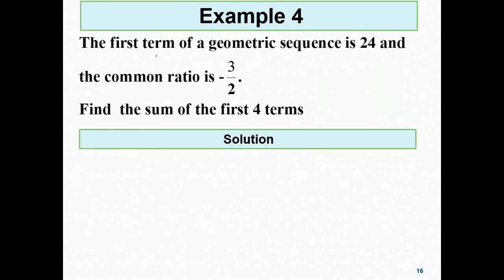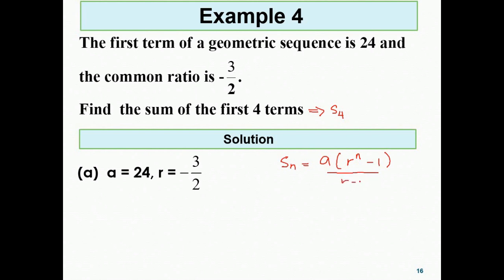Example 4. The first term of a geometric sequence is 24 and the common ratio is negative 3/2. So, given here our a and our r, find the sum of the first 4 terms. So, this is S4. Now we are going to use the formula Sn is equal to a times (r to the power of n minus 1) over r minus 1.